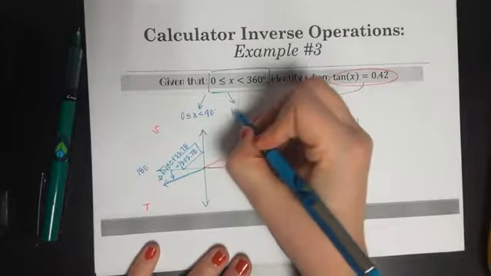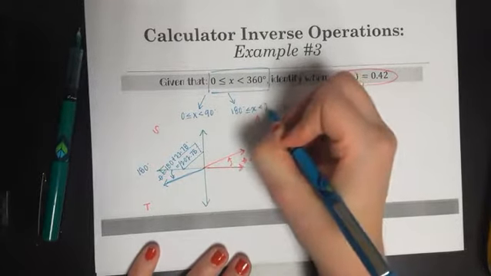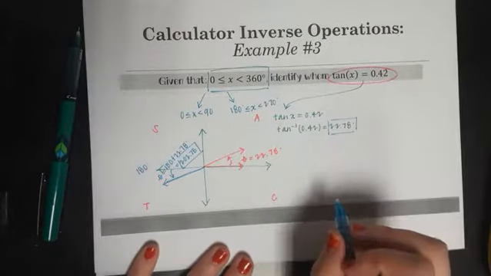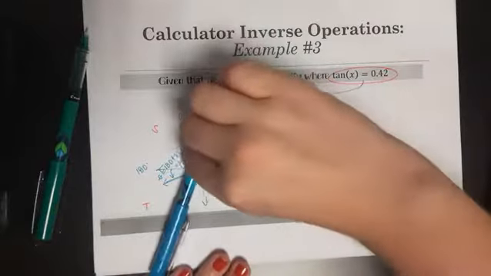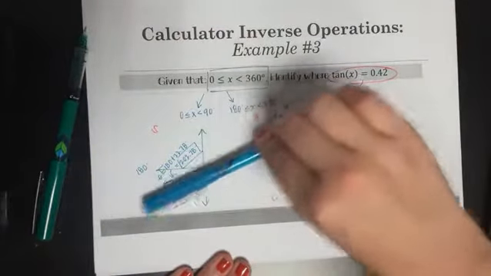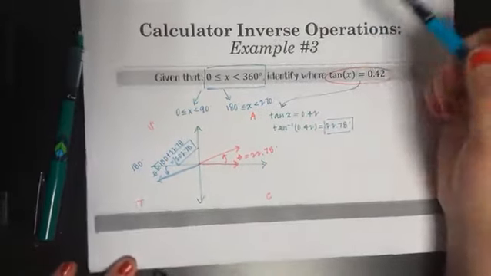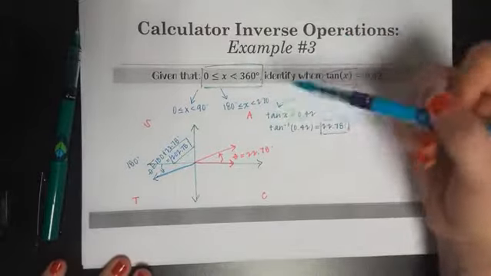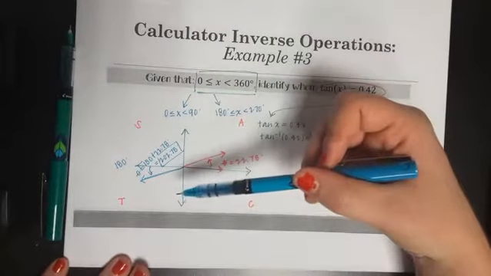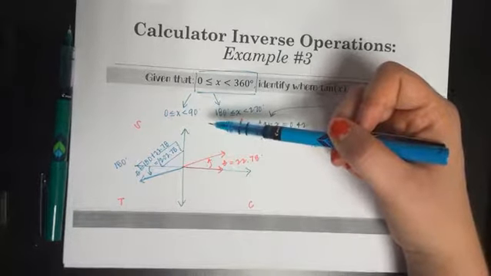Alternatively, I could be given the restriction that my angle needs to be between 180 and 270, which would mean I'm over here in 180, going down to 270. The only angle I would encounter would be 202.78. So my recommendation would be not to necessarily consider the restriction right away, but to solve the problem the same way we just have, and then take a look and say, okay, am I being restricted into one quadrant?